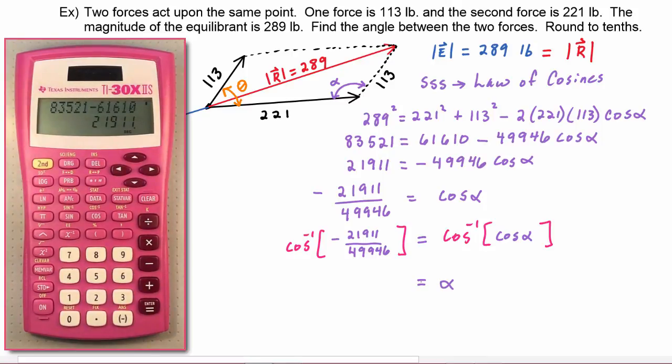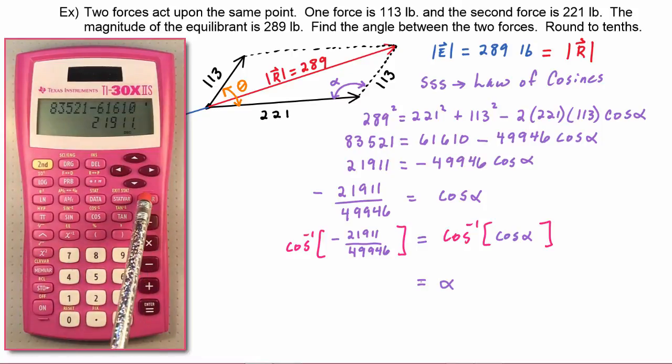and on the left-hand side, we grab our calculators and do second cosine inverse of negative 21,911 divided by 49,946.